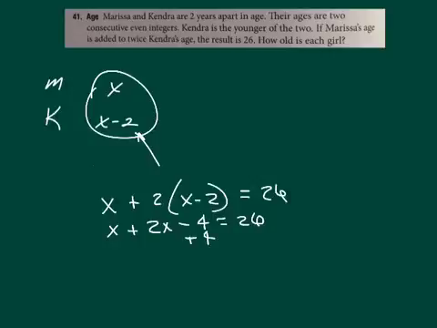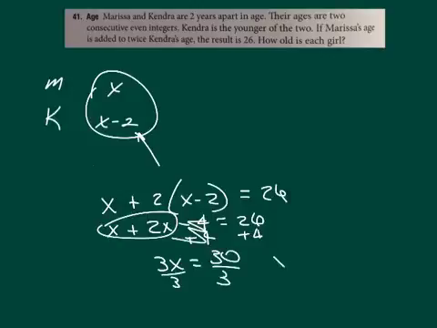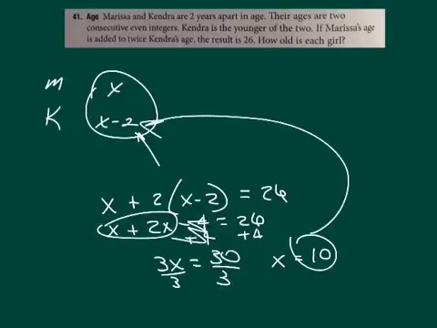Add 4. We get 3X. That goes away. Equals 30. X equals 10. So Marissa is 10, and Kendra is 10 minus 2, which is 8. Now, are those consecutive even integers? Yes, they are, so it works. Alright, so there's your two ages.